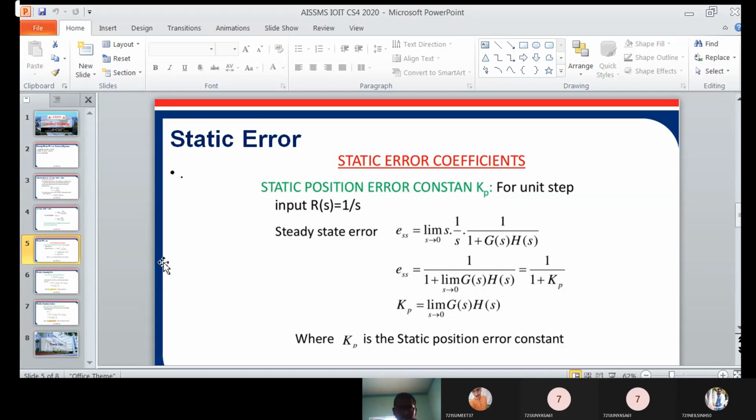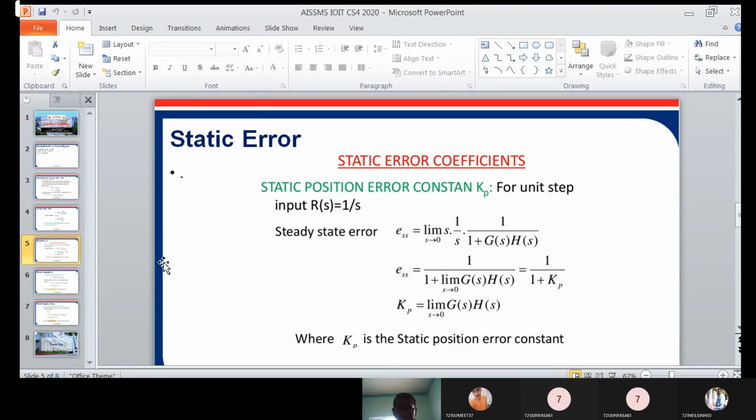Suppose someone wants to find the static position error constant. Suppose we use a unit step input. Particularly for a unit step input, one has to multiply 1 by s in the steady state error formula, because we are considering a unit step input.